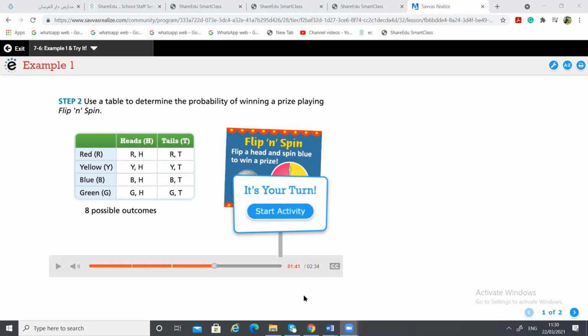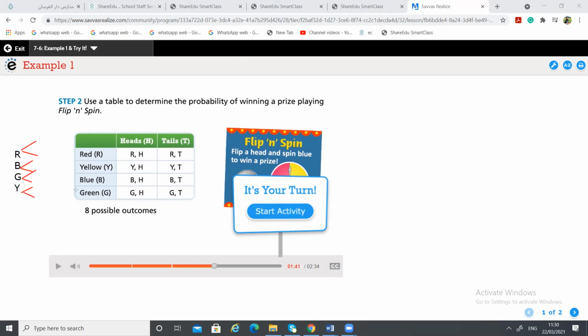Same way as I have told you about the tree. Remember last time? I write red, blue, green, and yellow. Either with red you will get both head and tail, that is red head and red tail, blue head and tail, green head and tail, and yellow head and tail.